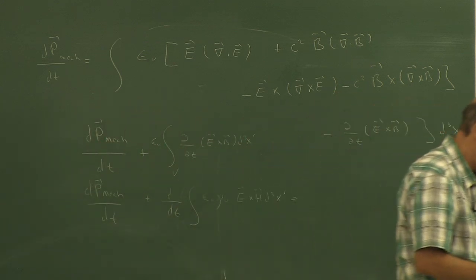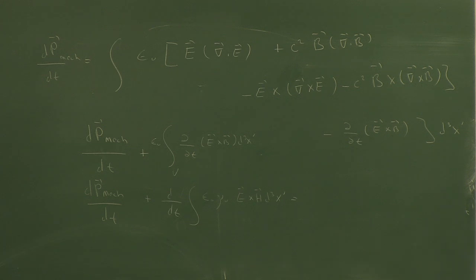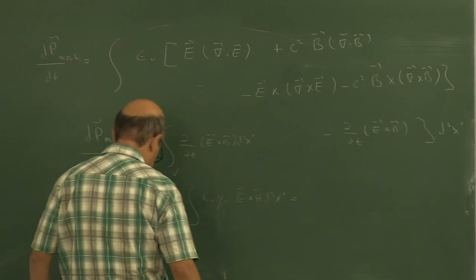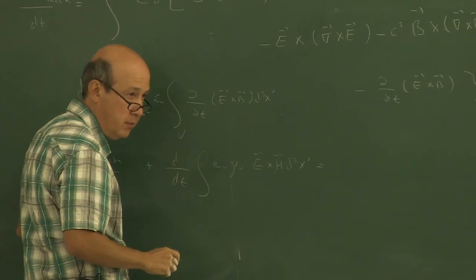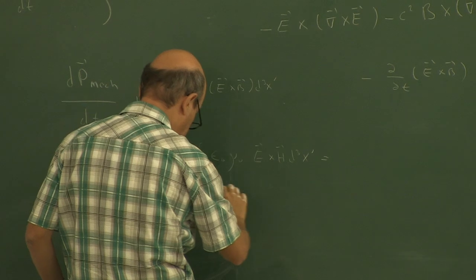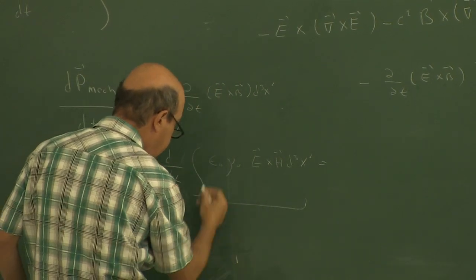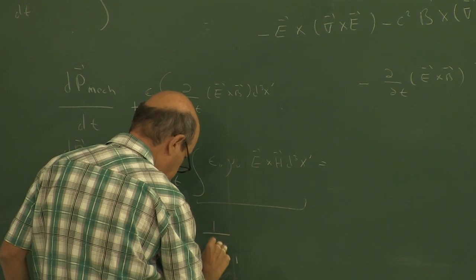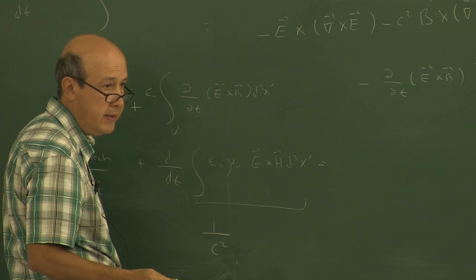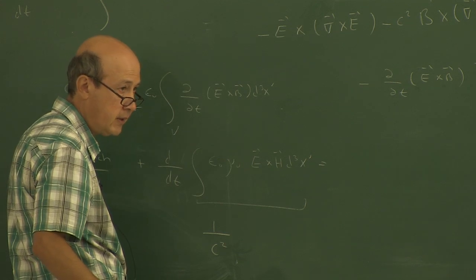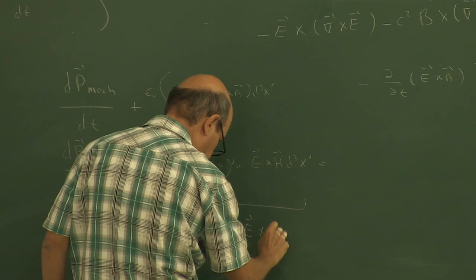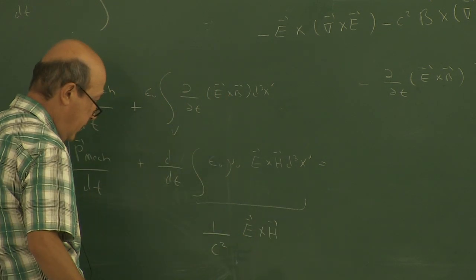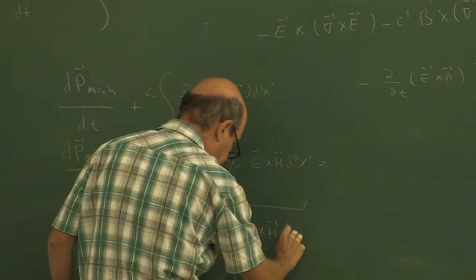and E cross H is the Poynting vector. What is the unit of force? Since this is a momentum, this whole stuff should be momentum. Mu 0 epsilon 0 is 1 over c squared. E cross H is S, and this is the integral through the volume.